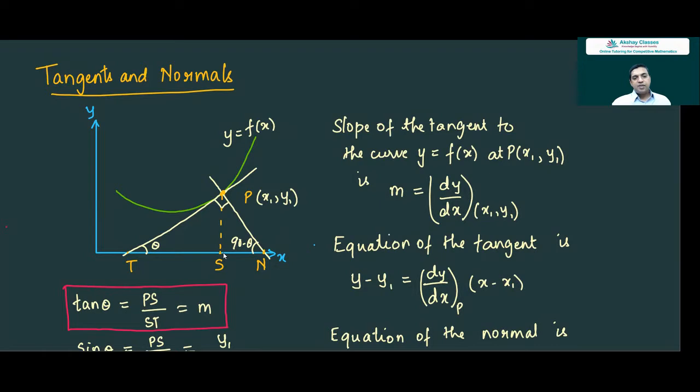Next, there is something called subtangent and subnormal. ST is called the subtangent length and SN is called the subnormal length. So from the equation that we have here, ST is PS upon m. Very simple.